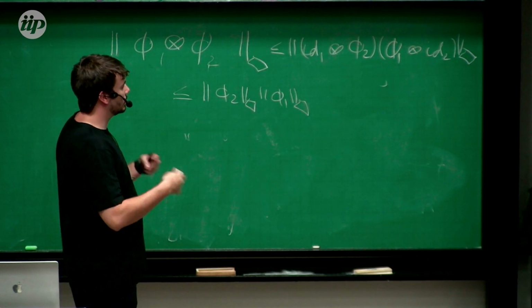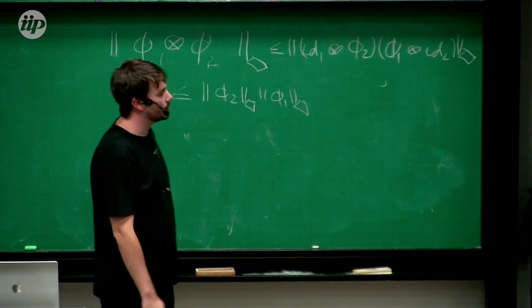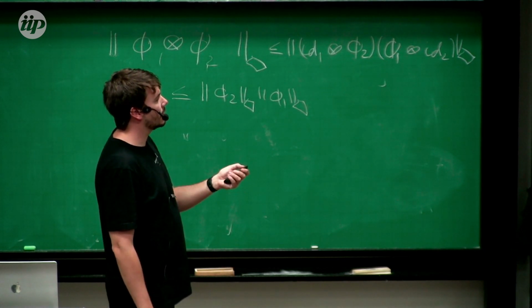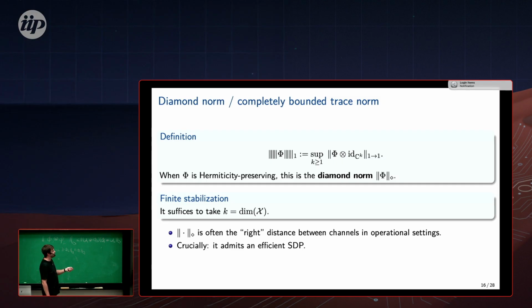So you have the submultiplicativity property. But in principle you're right in saying that this thing here is completely unnecessary. In principle, it suffices to take the tensor product with the identity on something that has the same dimension as x. Okay. Other questions?